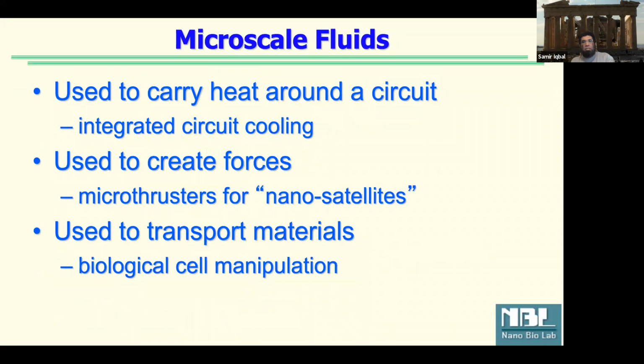When we go to nanoscale, because there are different forces involved, we have to understand different phenomena at that scale. At microscale, again, heat, we may be moving things, we may have very small openings where we are pushing fluid through. For example, desk jet printers.